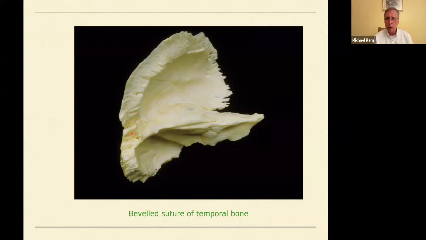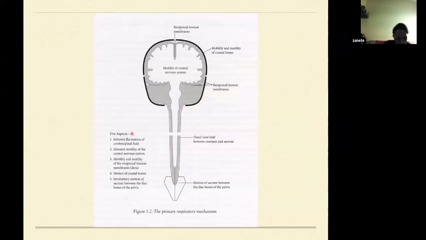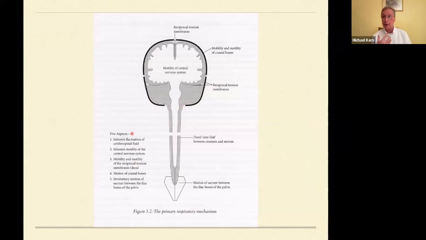But within quite a short period of time, he realized that it is not only the bones that express subtle movement. He realized that the bones here on the outside are continuous with membranes that underlie the bones and that also partition the skull. And whatever it is the bones are doing, the membranes are doing as well.